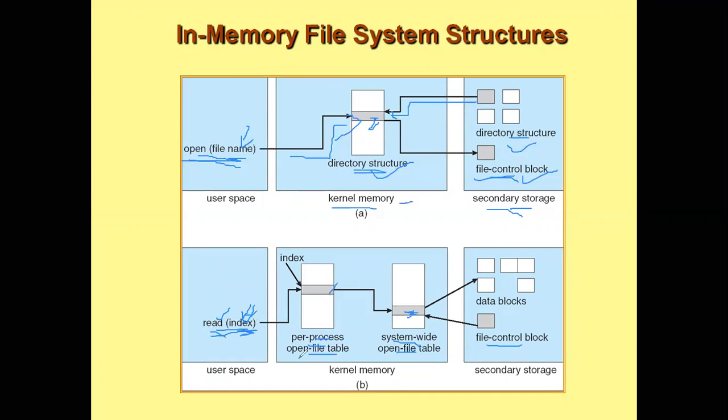This is how the data structures are used. So you can see here, for the read operation you have used the per process open file table, the system wide open file table, and then the file control block which resides in secondary storage. This is how we have to use file system structures in order to implement a file system.